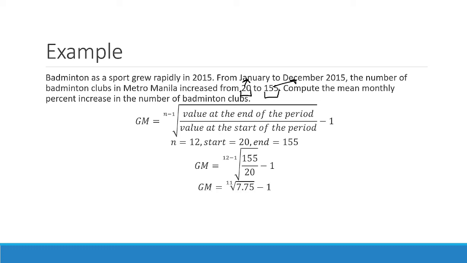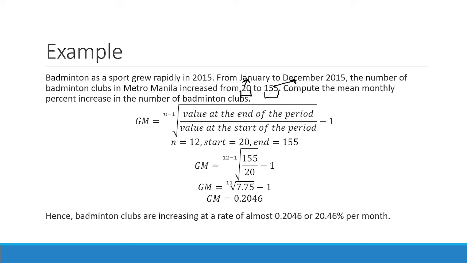So we have here 11th root of 7.75 minus 1, which is actually equal to 0.2046, which is actually equal to 20.46% per month. Meaning to say, badminton clubs are increasing at the rate of almost 0.2046 or 20.46% per month. So that will be the use of our geometric mean.